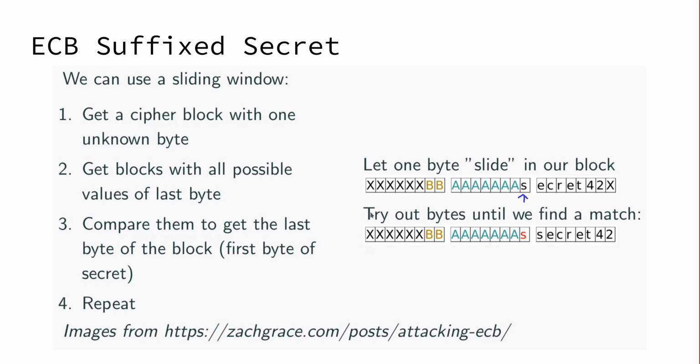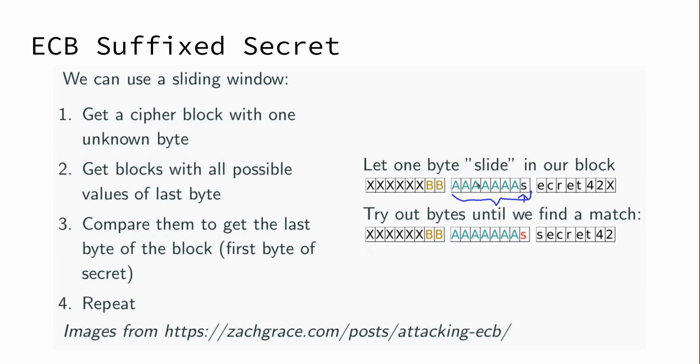So what would happen is the computer would chunk up the data in 16-byte blocks, and in this block, 1 byte is actually of the secret data, not of the user supplied data.